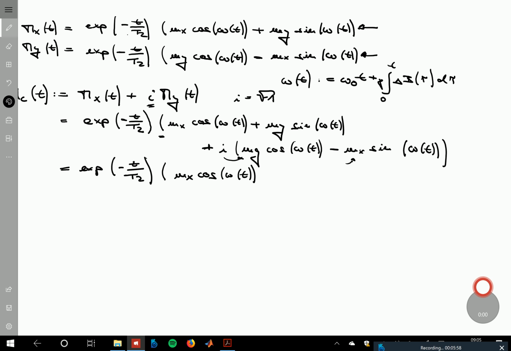So we can take this i times mx sine, so we have minus i mx sine omega t.